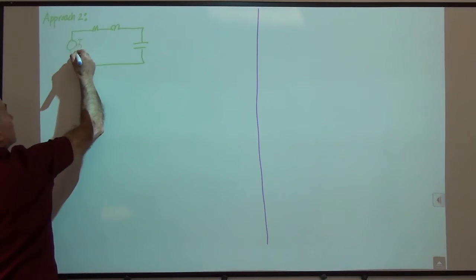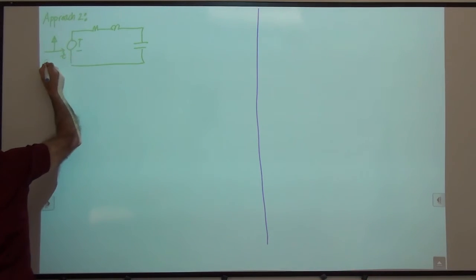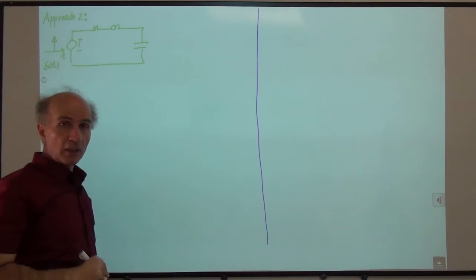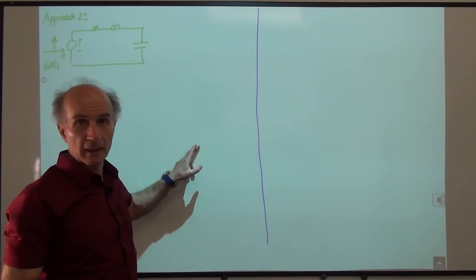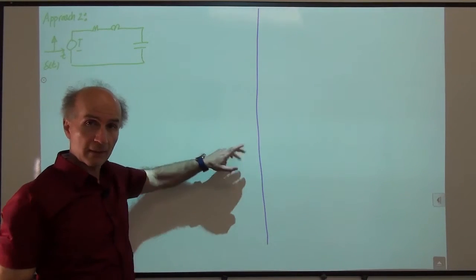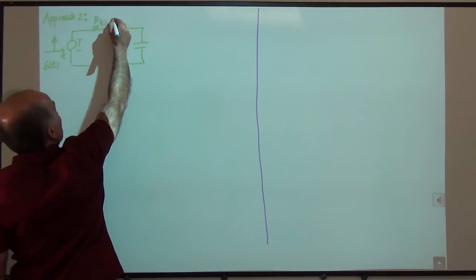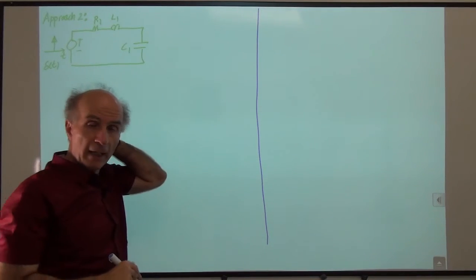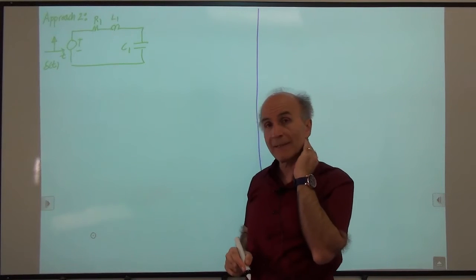So here's our impulse, delta of t. It's a voltage that is 0 before time 0, goes to infinity and comes back, and then stays at 0. And we have R1 here, L1 here, C1 here. Now we would like to analyze the circuit in response to this impulse.